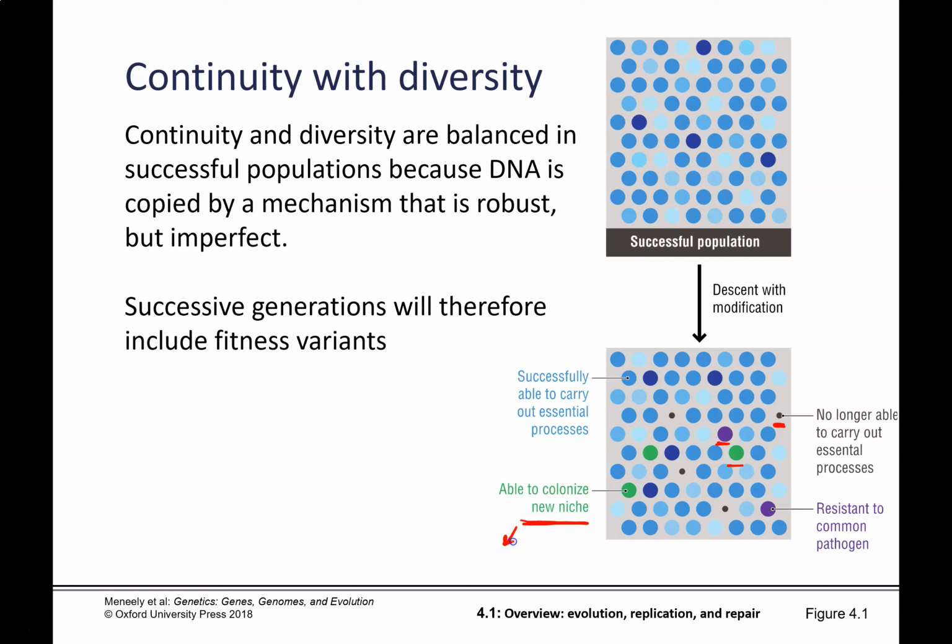And so that is going to increase their fitness because now they can utilize new environmental resources. This other one has a different variation. This variation gives them some resistance to a common pathogen or resistance to a particular disease. Again, this is going to increase fitness. So now we see some changes, some diversity in the genetic information here.